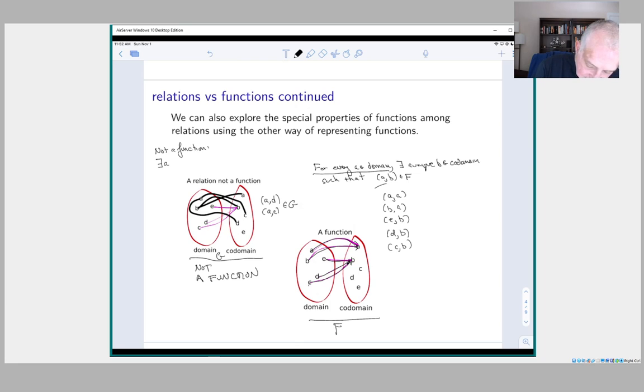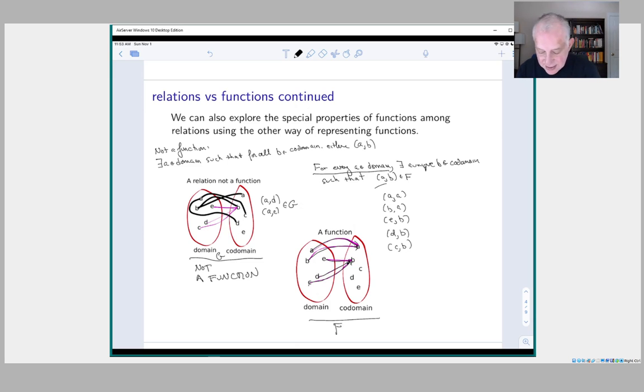There exists an A in the domain such that for all B in the codomain, either AB is not in G... I mean, we have to contradict there exists a unique. So to say that there does not exist a unique thing either says there's nothing or there's more than one.